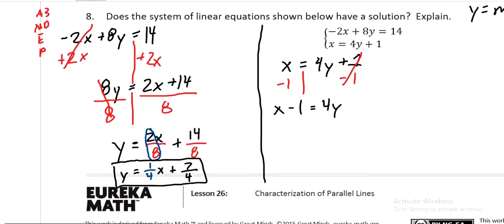Now I just have to divide by 4. Remembering my division rules, I have to do it to the entire side on both sides. Over here, these cancel out. I'm left with y. Now over here, remember, we're dividing both x by 4 and, in this case, negative 1 by 4. There's an invisible 1 in front of the x, so I'm going to turn this into 1/4 x, because 1x divided by 4 is 1/4 x, minus 1/4.